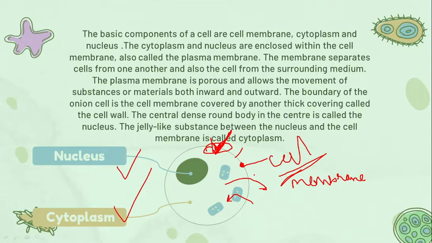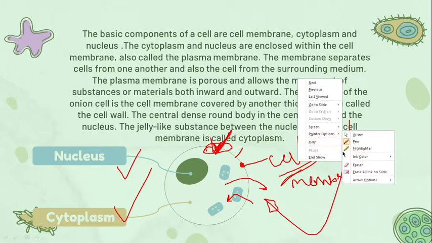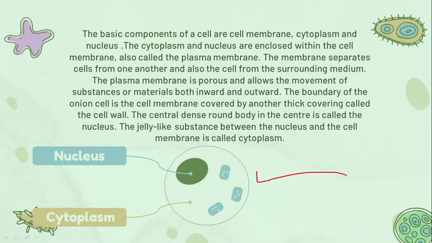The boundary of the onion cell is a cell membrane covered by another thick covering called a cell wall. This is an onion cell, I'll show you. Here they're telling us that the boundary of an onion cell is a cell membrane covered by a thick covering called a cell wall.